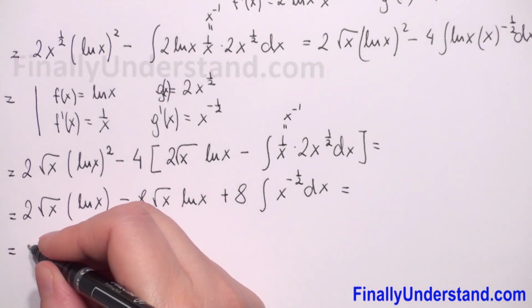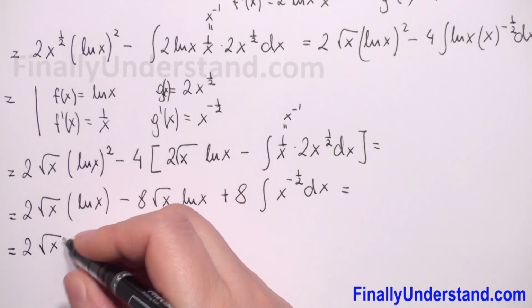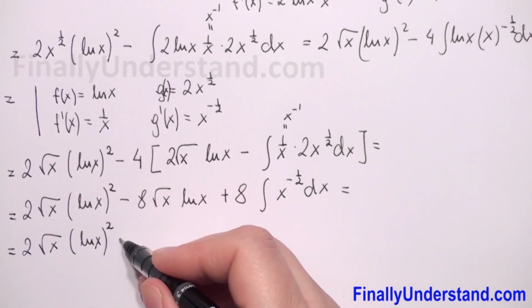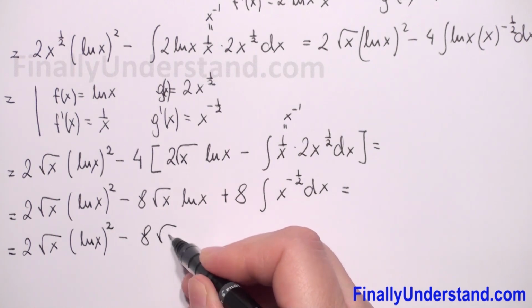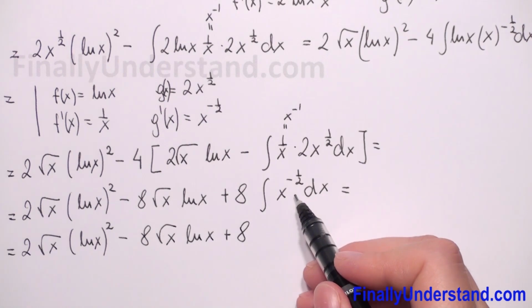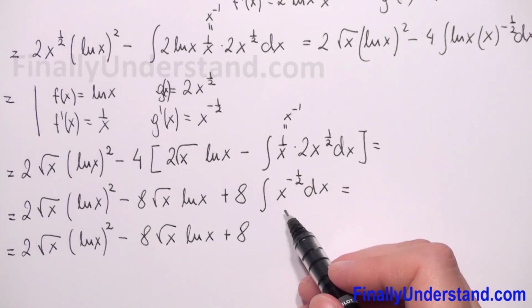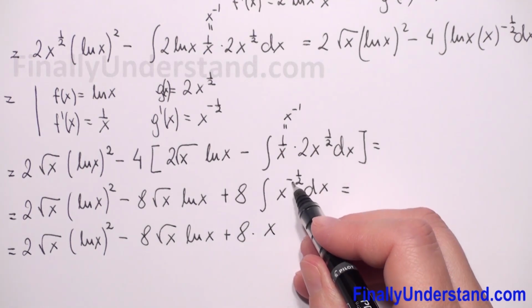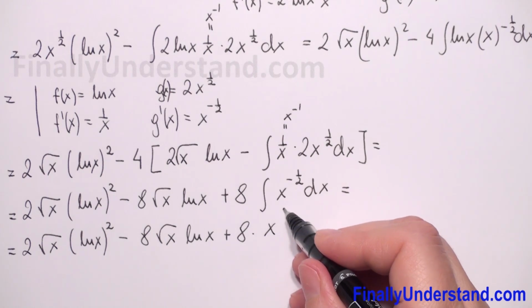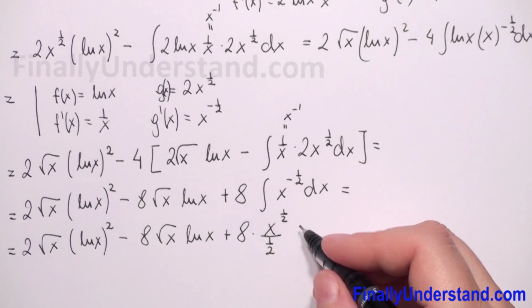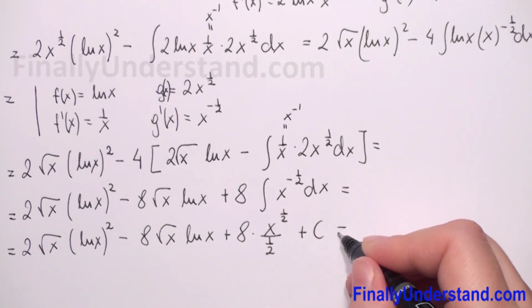We have to rewrite 2 square root of x natural logarithm of x to the second power, of course, minus 8 square root of x natural logarithm of x plus 8, and now we have to use the integral of power function formula, so it will be times x to the power negative 1/2 plus 1, so it will be x to the 1/2 over 1/2. Always the exponent is the same as the denominator, plus constant c, of course. So this is equal.